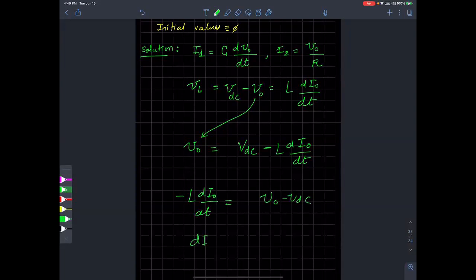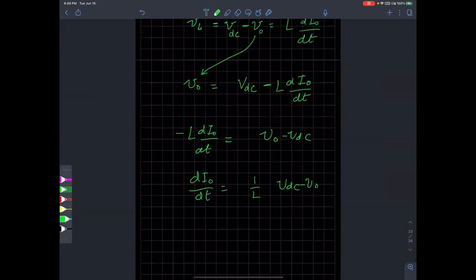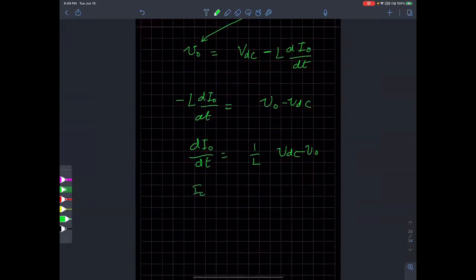So di naught by dt equals 1 by L times VDC minus V naught. So I naught would be the integral from 0 to t of VDC minus V naught dt.